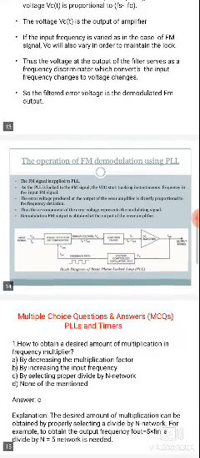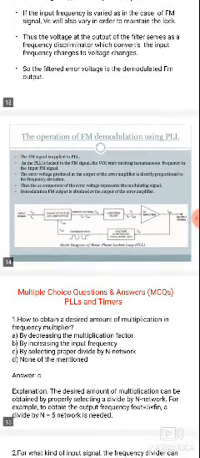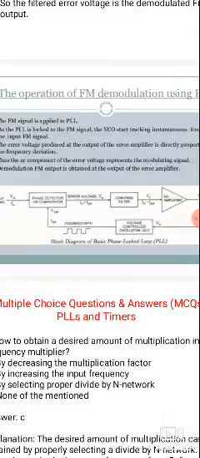So this is the operation of FM demodulation using the PLL circuit. First, the FM signal is applied to the PLL. PLL is the phase locked loop, with a phase detector or comparator. As the PLL is in the lock range, the VCO tracks the instantaneous frequency of the input signal. Vin is the input voltage, Fin is the frequency.